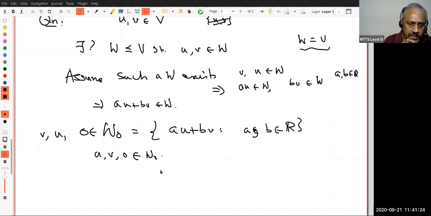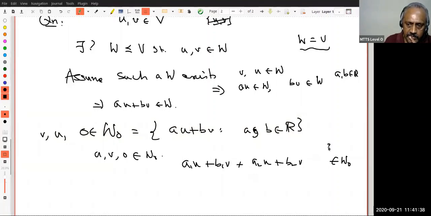Okay. Next, what should I do? Let us look at a1 u plus b1 v and a2 u plus b2 v. They are in W0. Now let's look at their sum. I can ask whether their sum is also there. Using commutativity and associativity, I can rewrite this as (a1 plus a2) times u plus (b1 plus b2) times v.